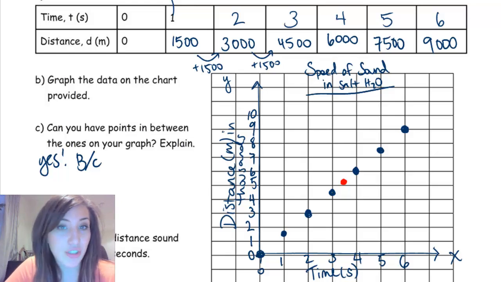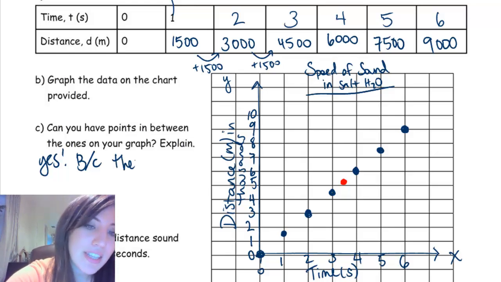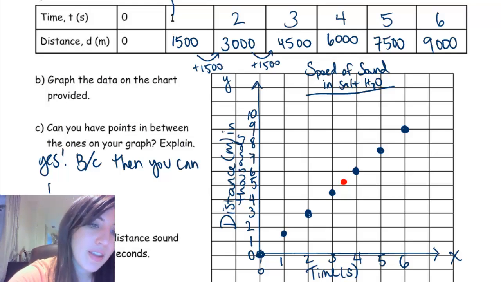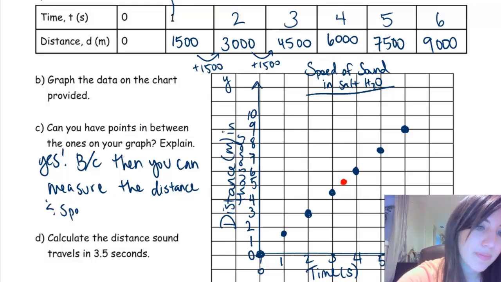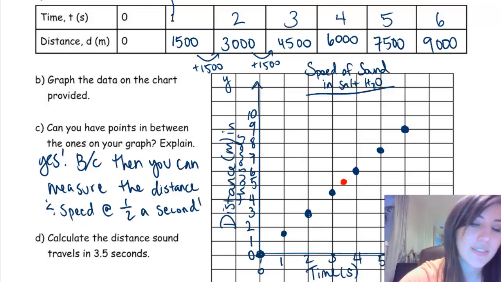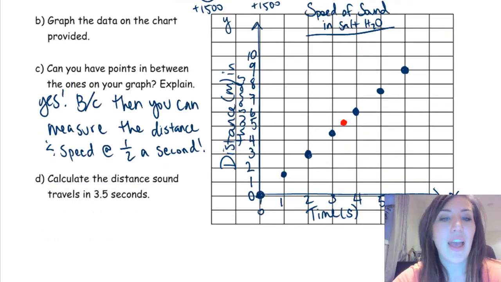So you can measure the distance and speed at half a second, because this gives us the opportunity to measure it. Great, that would be wonderful to know.